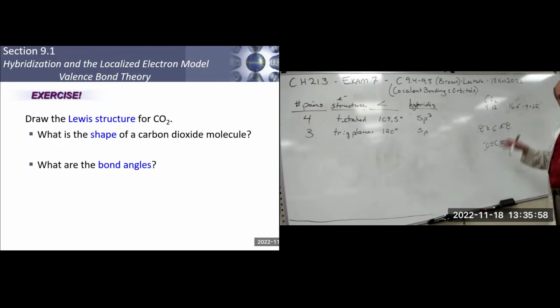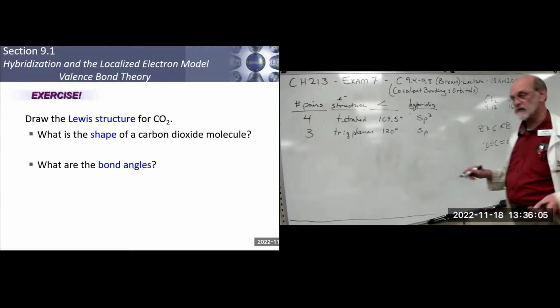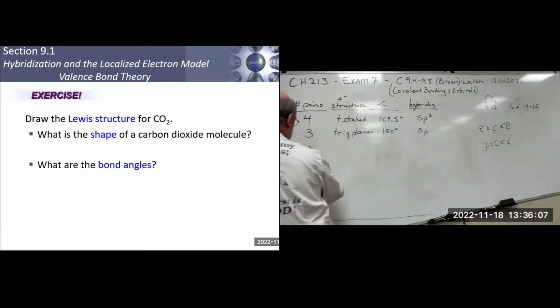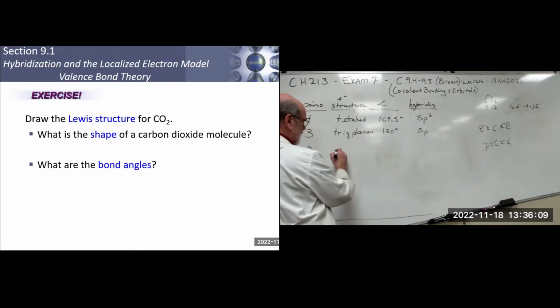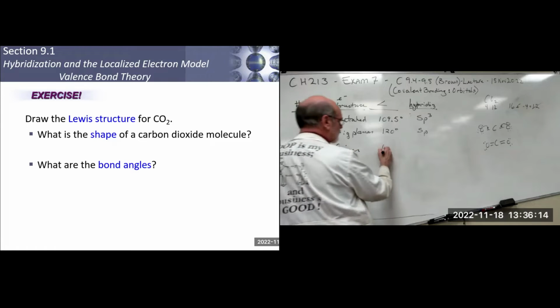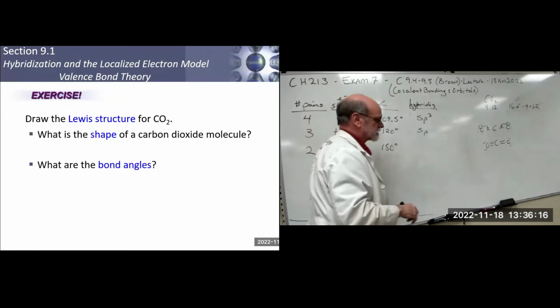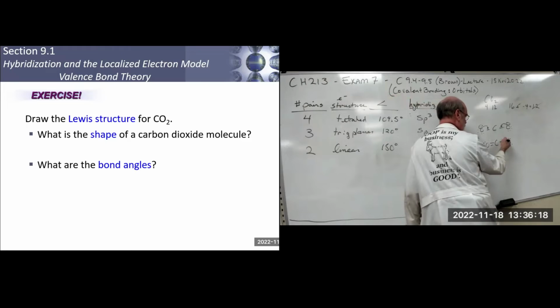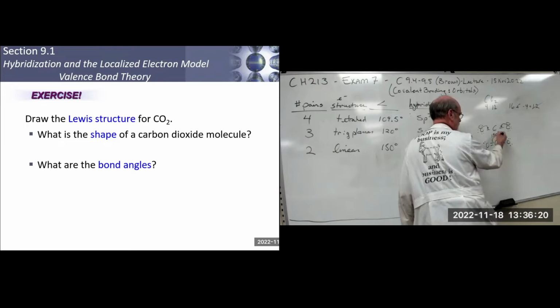Okay, everybody's got an octet. And what's the arrangement here? That's linear. We have 2 effective pairs of electrons, or 2 groups, and this is linear. And the bond angle is 180 degrees. The bond angle here goes like that, 180 degrees.